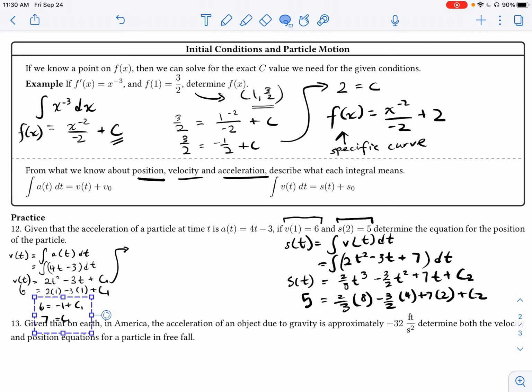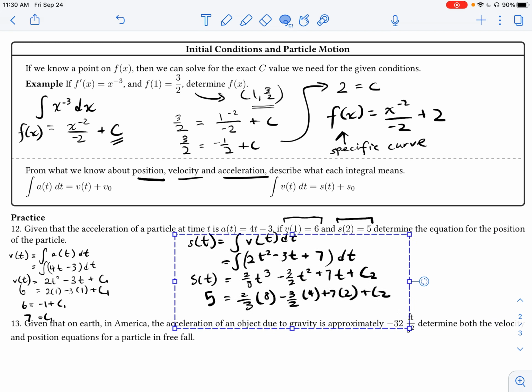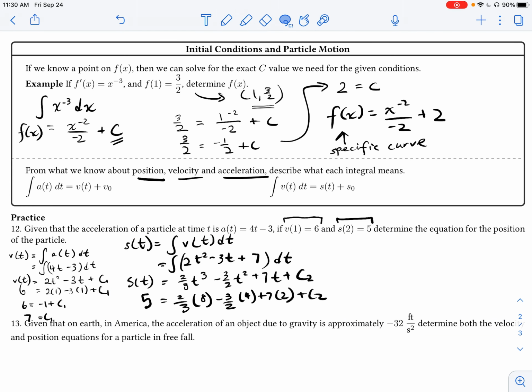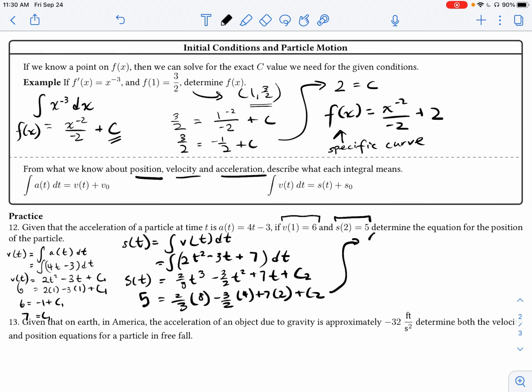Let's actually move this stuff down here. Okay, so I can say c sub 2, after you've done a bit of simplifying there, is going to be negative 25 over 3. So that's our second constant of integration.